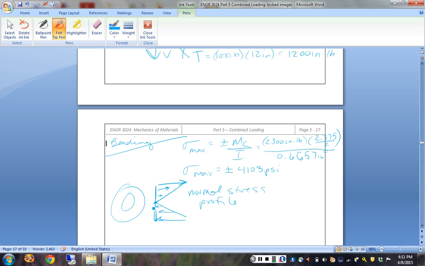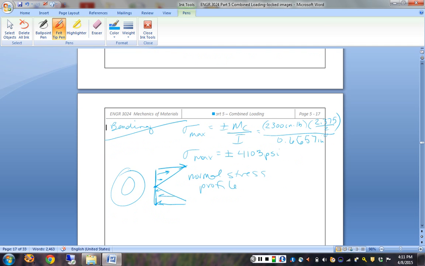What do I have at 9 o'clock? 0. What do I have here? Minus 4103. What do I got here? 0. So that's what's going on over the whole surface with respect to my normal stress due to the bending moment. And that's one of the things that we have to keep score on. What else is going on?